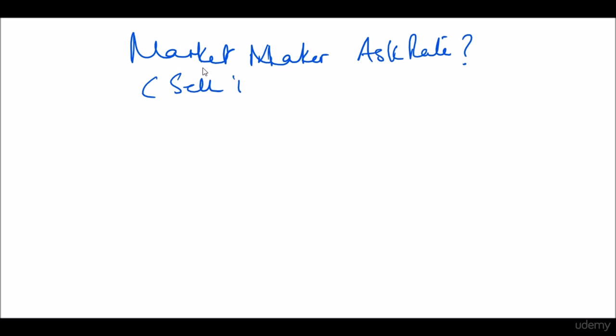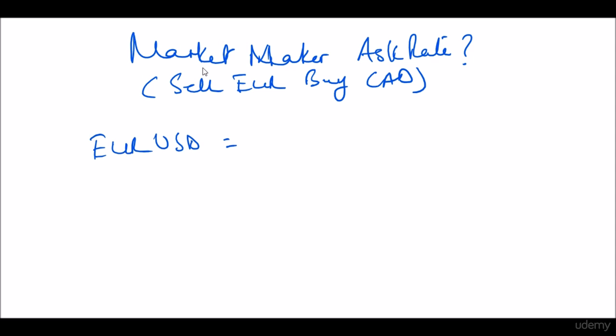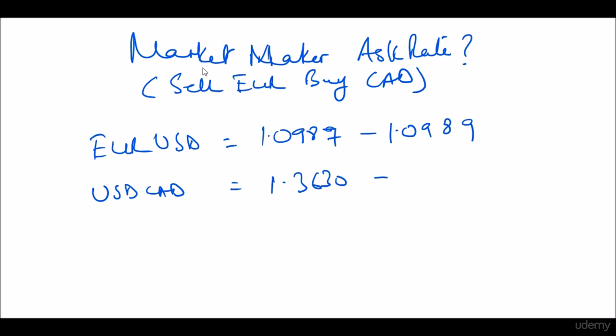Okay, so to derive the ask rate, the rate at which we can sell EUR-CAD to the price taker, we can break this down into two steps. The process is very similar to deriving the bid rate. If we sell Euro and buy CAD to the price taker, we would need to cover the euro short position and the Canadian long position.